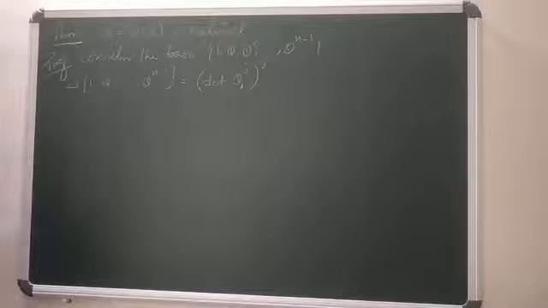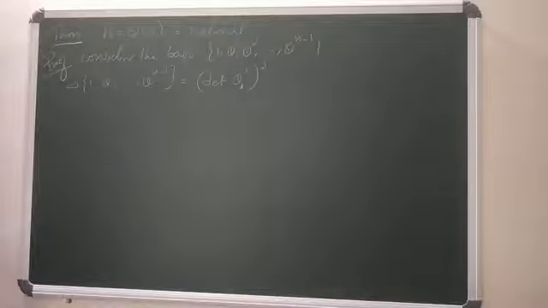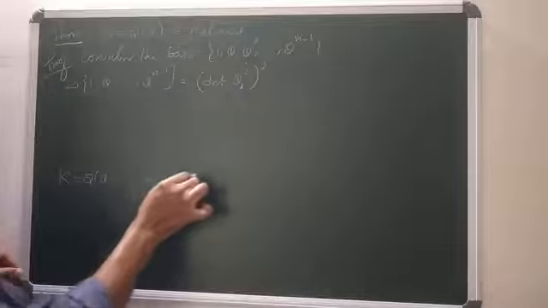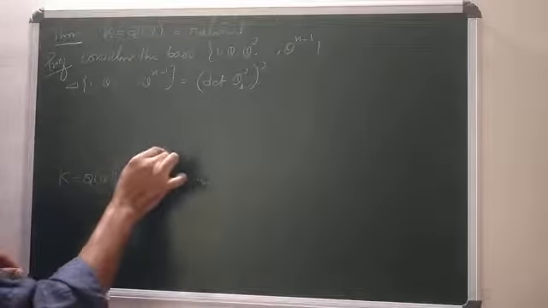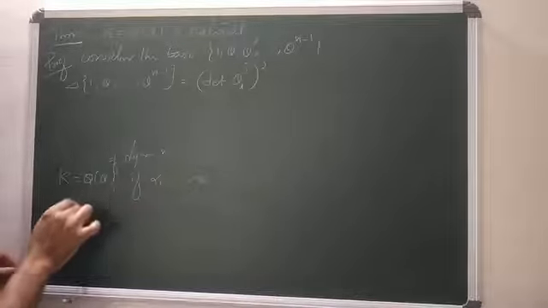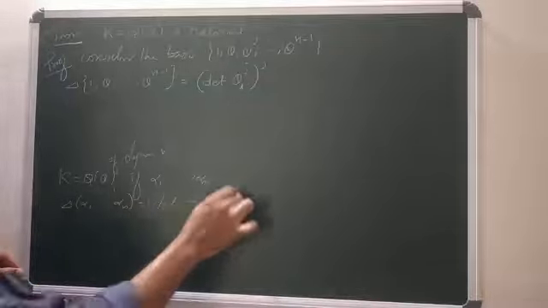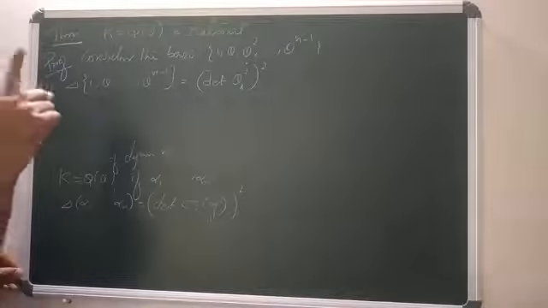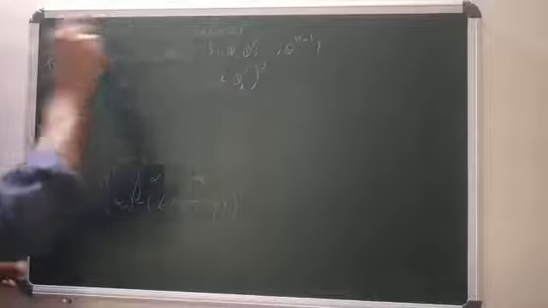Then its discriminant delta of alpha 1, alpha 2, up to alpha n is nothing but the determinant of sigma_i of alpha_j whole squared. What is sigma_i of alpha_j? We know that sigma_i of alpha equals alpha_i. Also, here for K equals Q(theta), the discriminant of the basis is rational and non-zero.